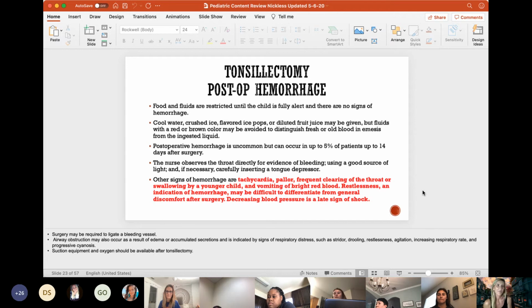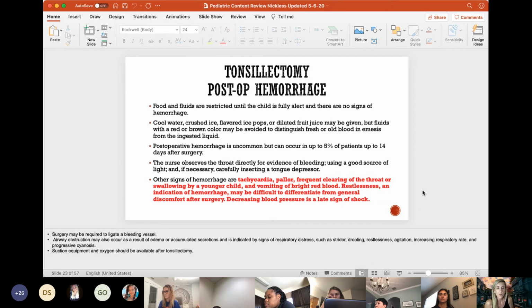So anyways, post-op hemorrhage, we know that is a big deal, okay? That's why we're going to avoid things like red food, okay? Or anything that might look like blood. We want to make sure that they're not bleeding, but then we want to make sure they're on pain medicines and we're pushing those fluids, right? So we want to do popsicles and the lollipops with lidocaine in them.